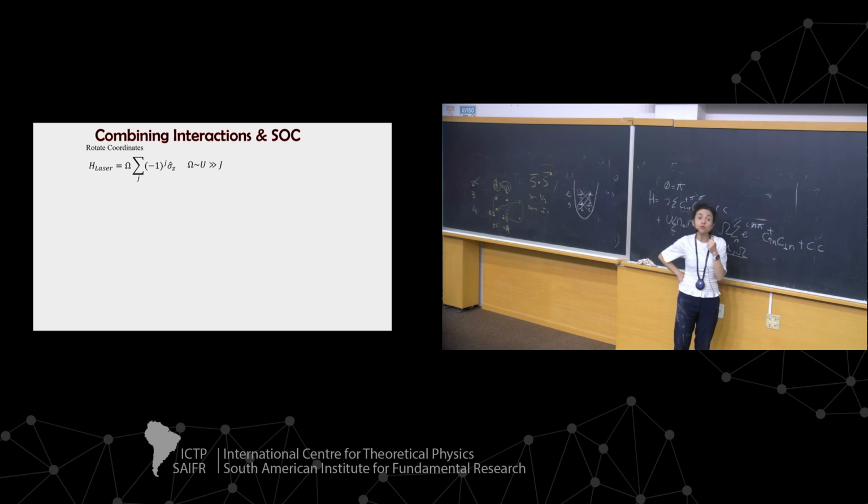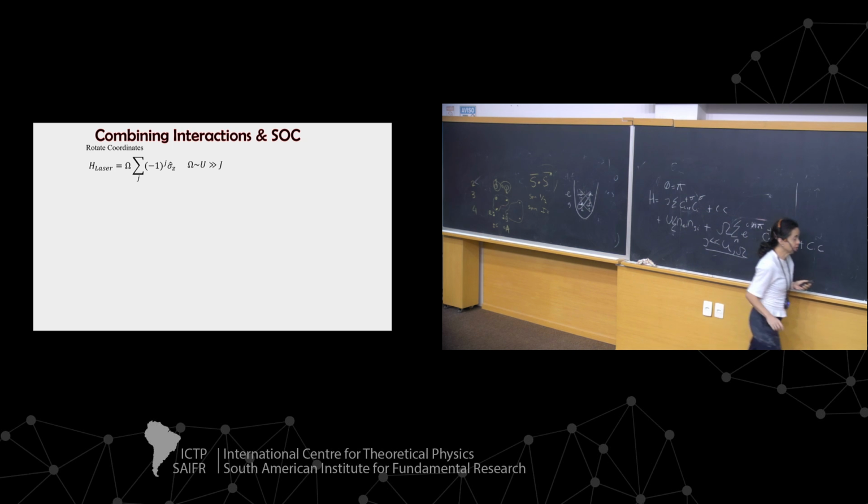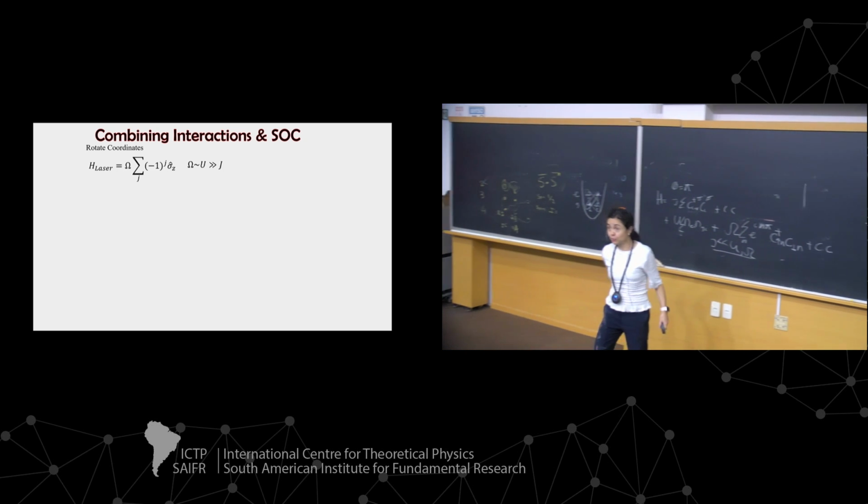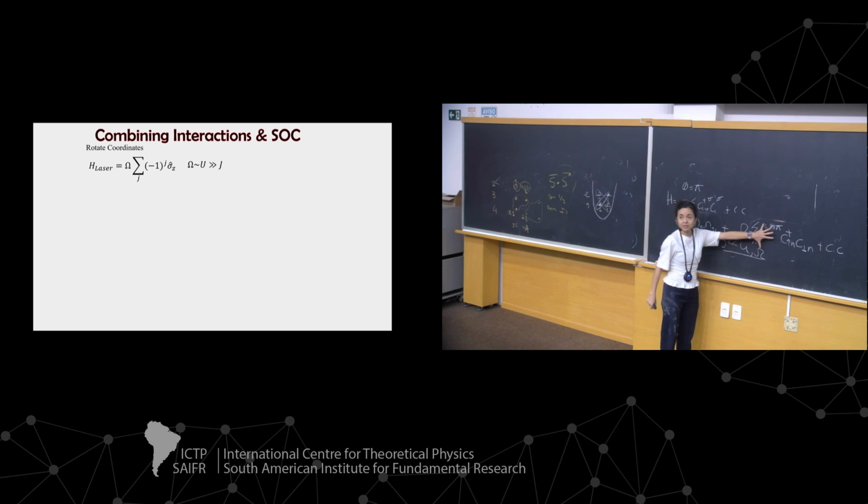So what I want you to try to think about is to derive again the superexchange Hamiltonian in these systems. We already derived it when we did not have this term, yes? We already did it. So the task is to rederive it, but when omega is finite and large, and can be comparable to U.